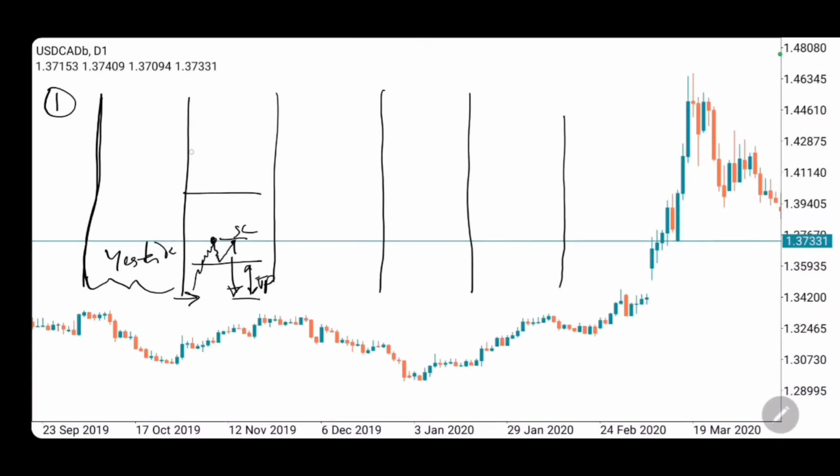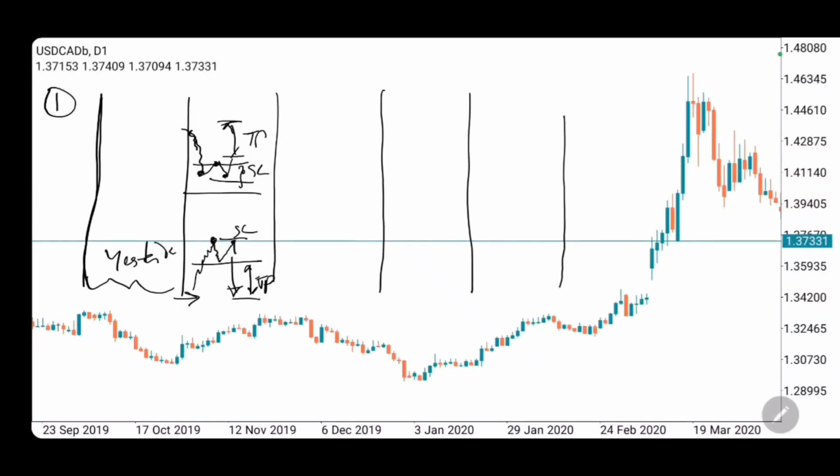Or I might be expecting to see a double bottom formed into the new day. Then I would wait for the double bottom to form completely. I'll enter upon the breakout of the double bottom as a buy trade, having my take profit and then my stop loss placed at the other side of the double bottom.